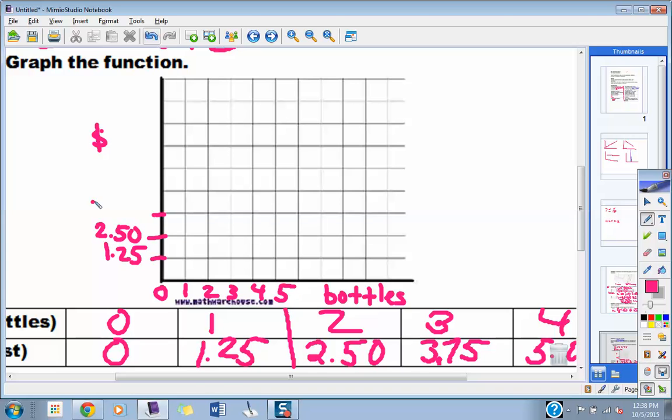Third line will be $3.75. Fourth line will be $5. And then the last one would be $6.25. Maybe I should do this as well down here.